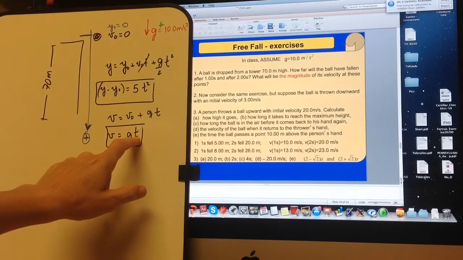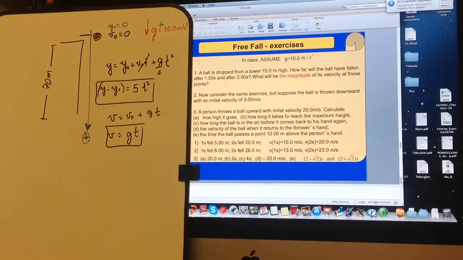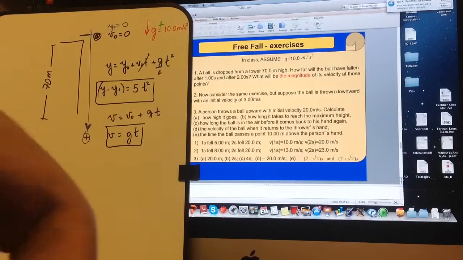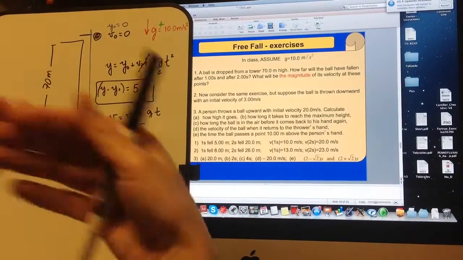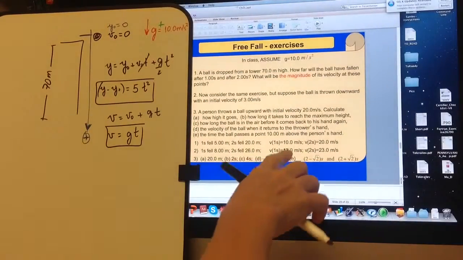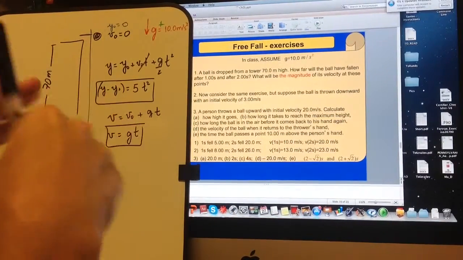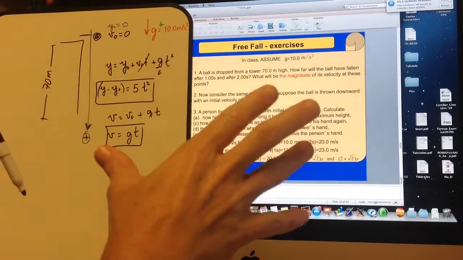At time 2 seconds it will give us 20 meters per second. Okay, and they just asked the magnitude, so I just need to give the number. But if they were asking us really the velocity, then I would have to put the magnitude and also the direction. One way to write the direction is just to say pointing down. That's a direction.